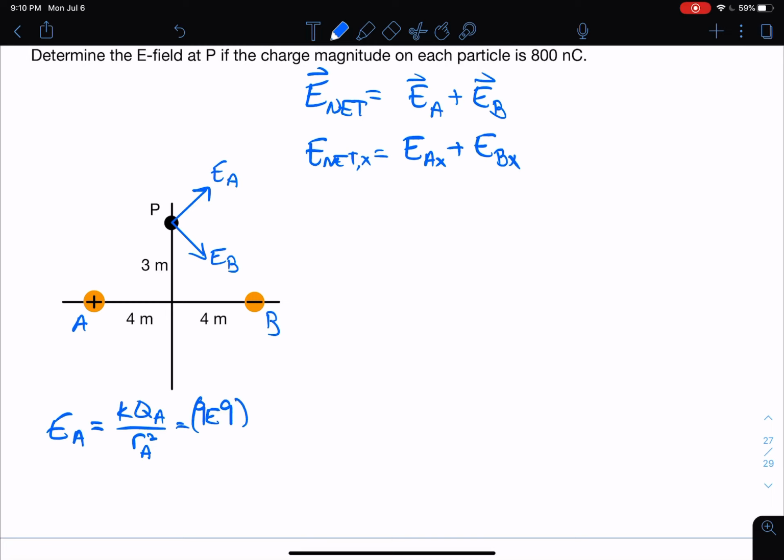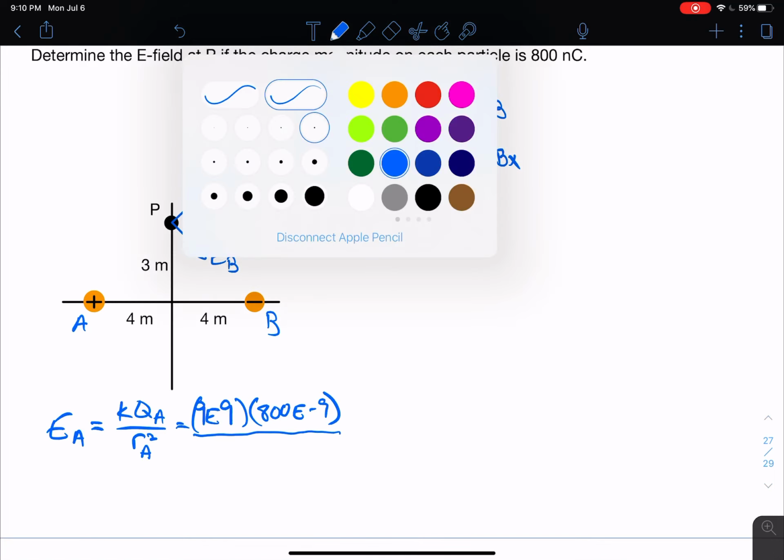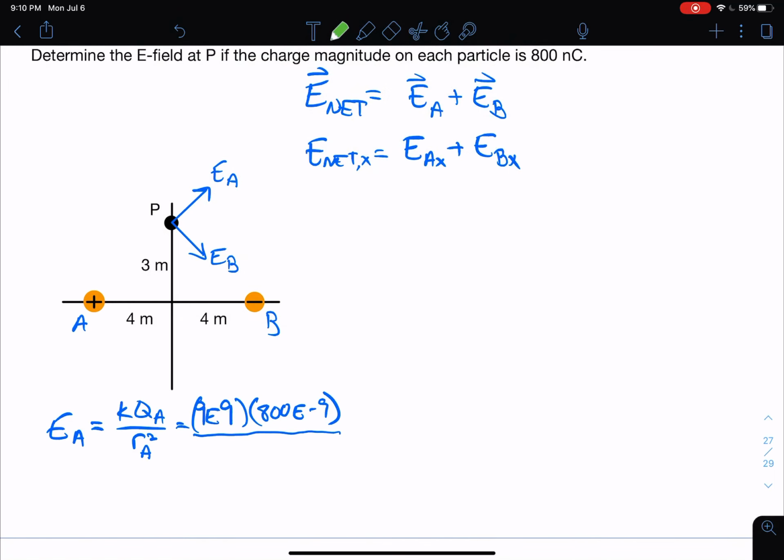And Q, that's 800 times 10 to the negative 9. And we have to divide it. Now I need the distance from A to P. Since this side is 3 and this side is 4, if I draw that side right there, you could do the Pythagorean theorem. I happen to know this is going to be 5 meters. So this is going to just be 5 squared.